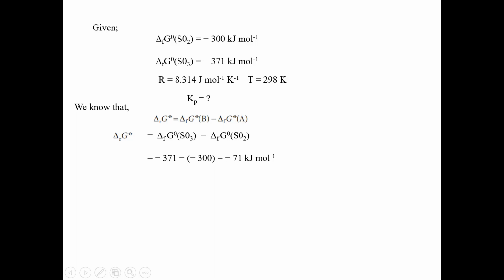The final answer for delta RG0 becomes equal to minus 71 kilojoule per mole. So we have the value for delta RG0.